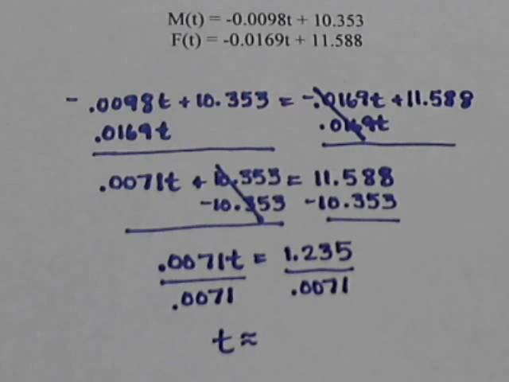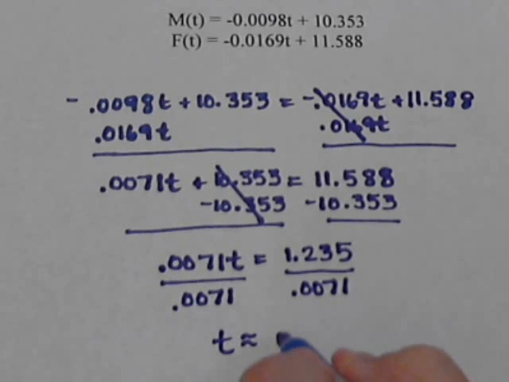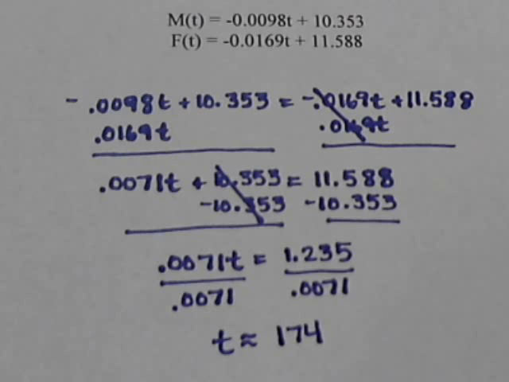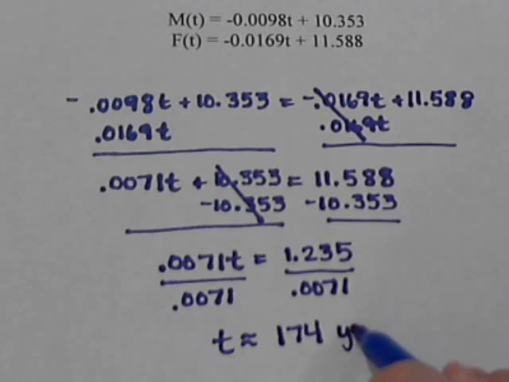And when we divide that out, we get approximately 174. It's actually 173.94 and so on, but we'll round that to 174 years.